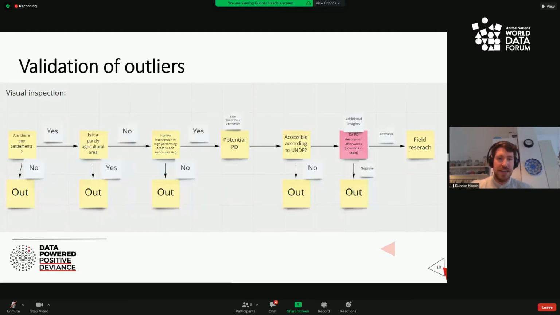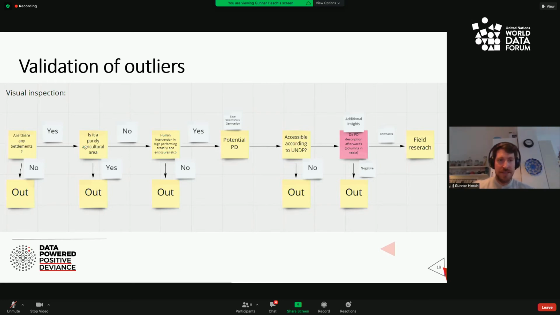Lastly, we checked on those settlements, which we thought might be promising, through visual inspection of those. We did this jointly with Hodan and the UNDP team in Somalia, and also with the postdoctoral researcher who is originally from this region. Here, we can see the workflow we used for this validation. So we checked, for example, are there settlements?